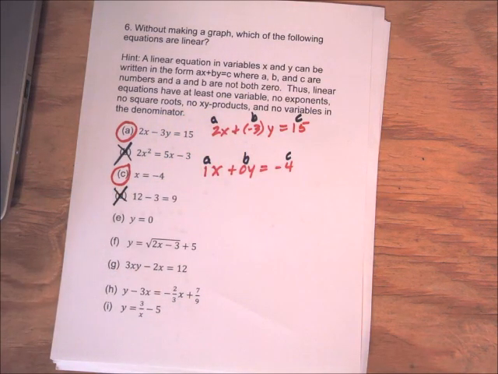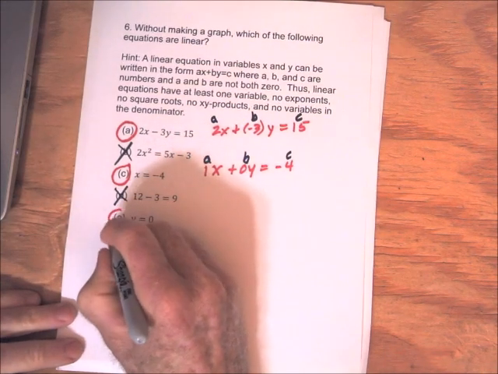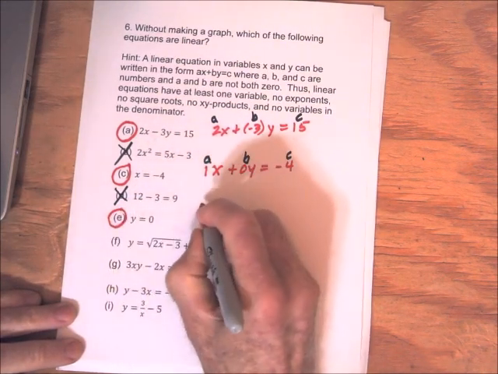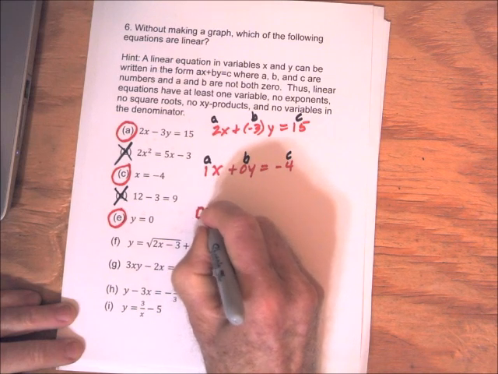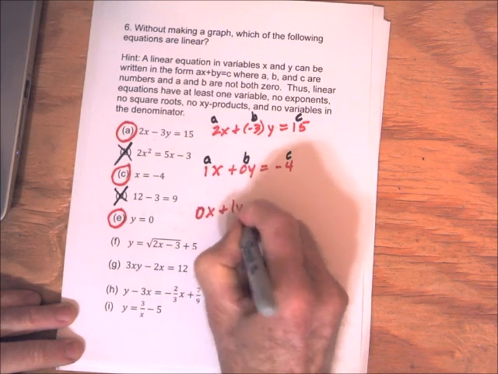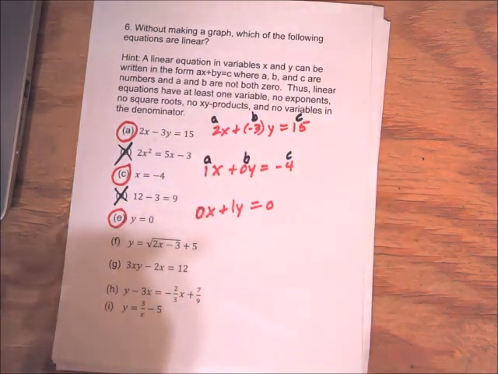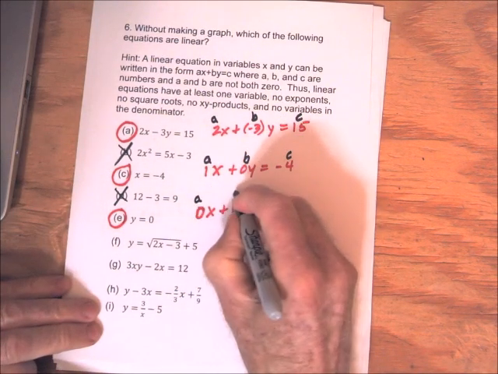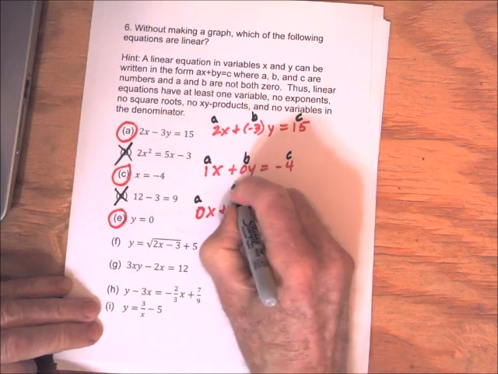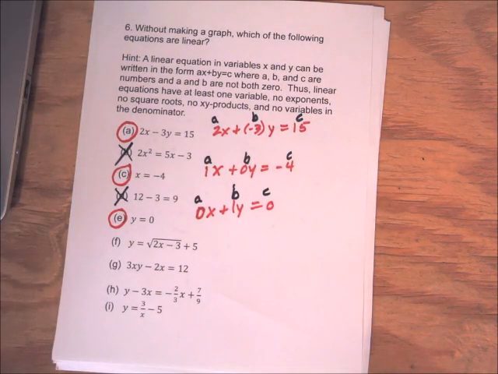y equals 0. This is a linear equation, right? It can be written as 0x plus 1y equals 0. So it can be written in the form ax plus by equals c. This is a linear equation.